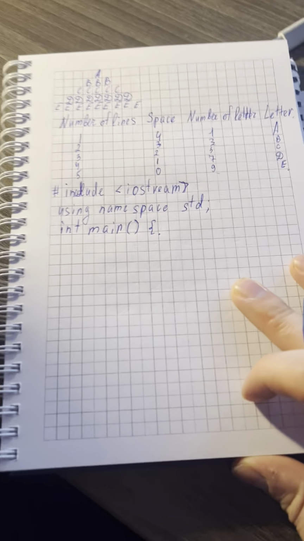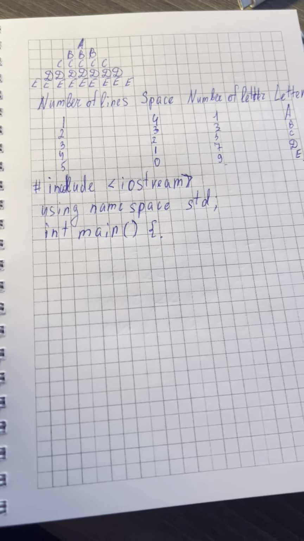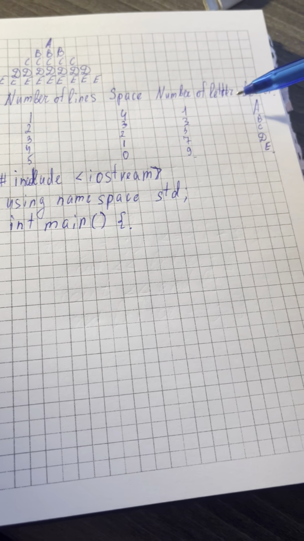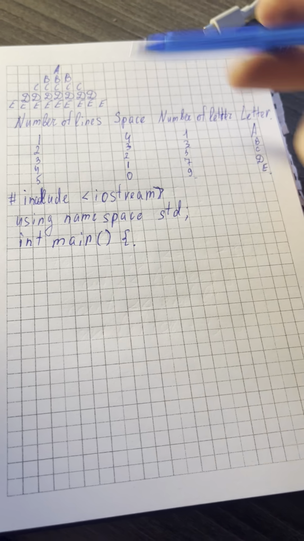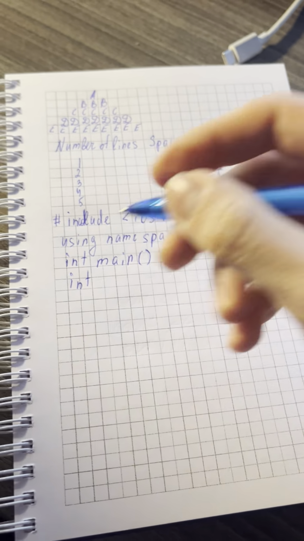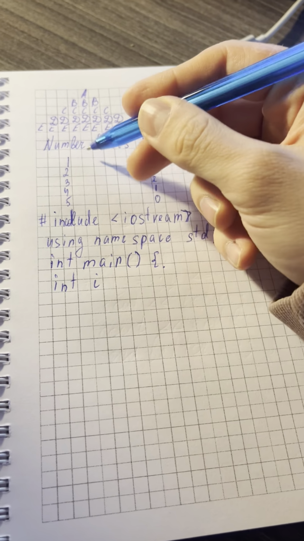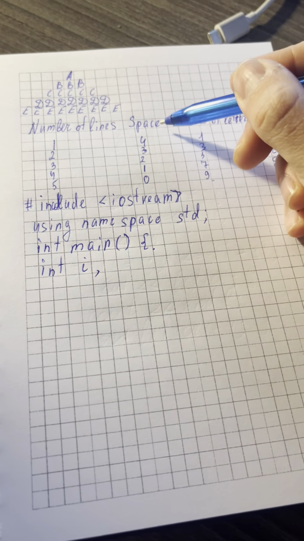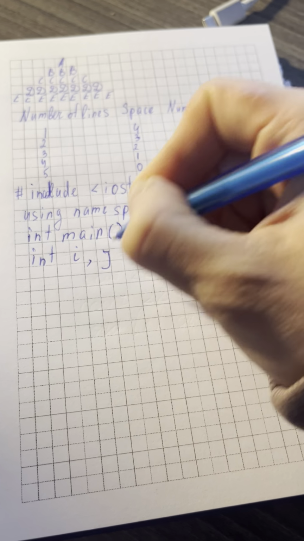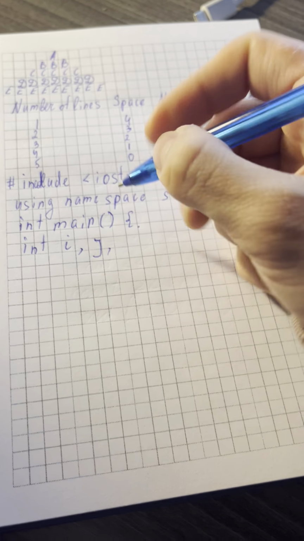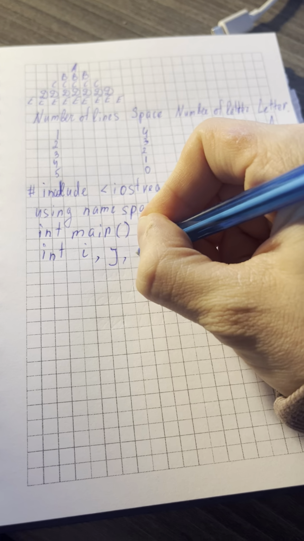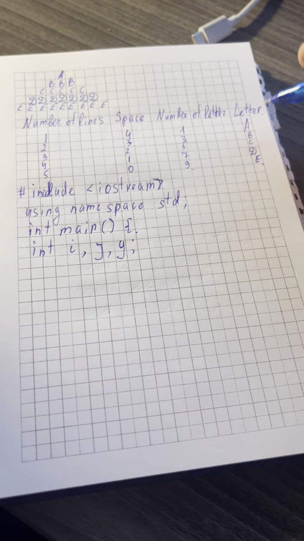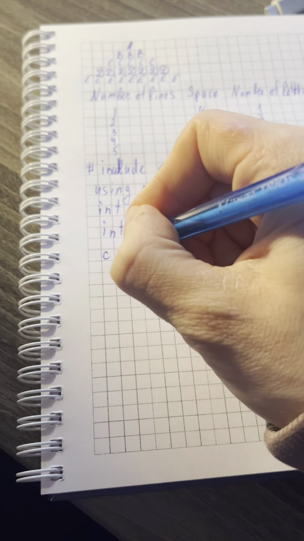Well, first of all, we should write parameters. We can see that we'll need 4 parameters. I will be for number of lines. Then after that, space will be, let me say, G. Number of letters will be Y. And letter will be another type of data.